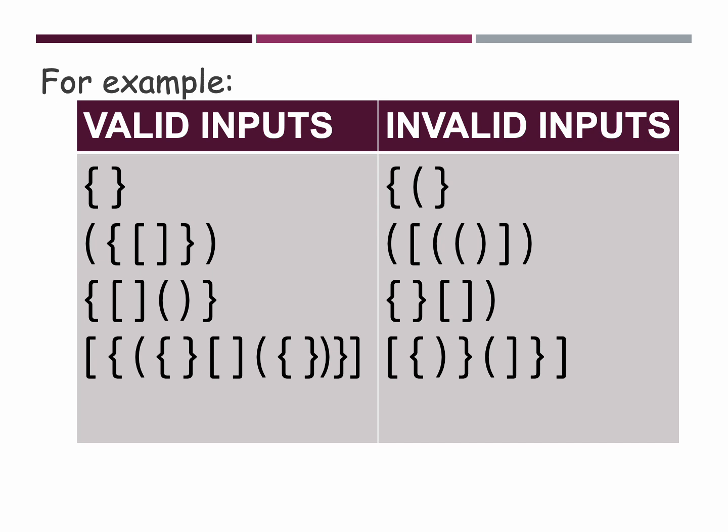The second one is also invalid, and so are the third and the fourth. This is just to show you examples of what invalid and valid inputs look like.